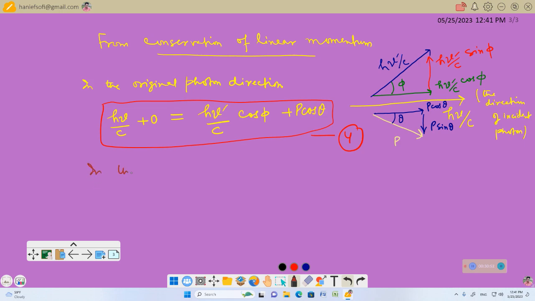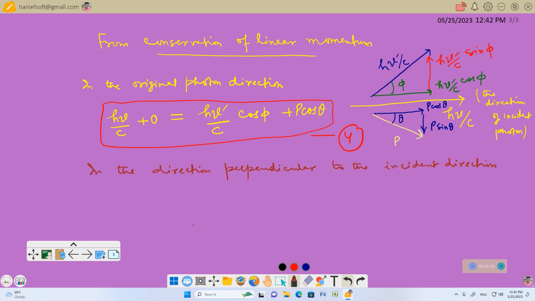Now, in the direction perpendicular to the incident direction, that means this direction, right?